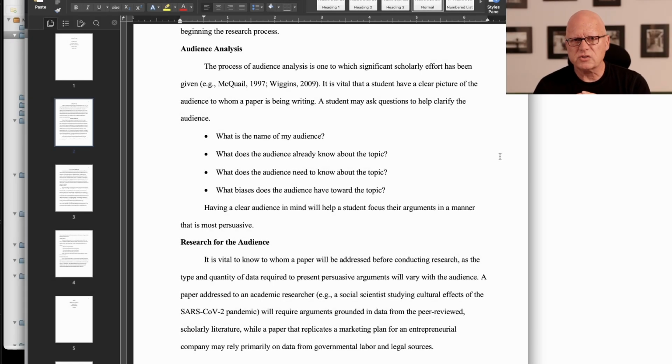Once the audience for your arguments has been identified, you now have to analyze what the needs and the expectations of that audience will be in regard to the topic and the thesis that you'll be presenting in your paper.